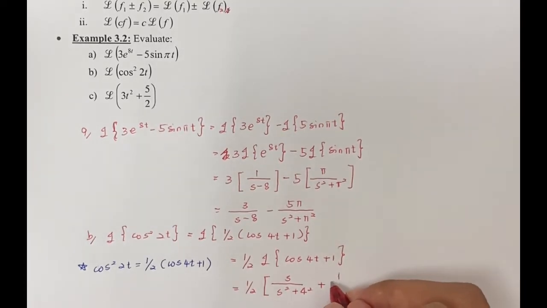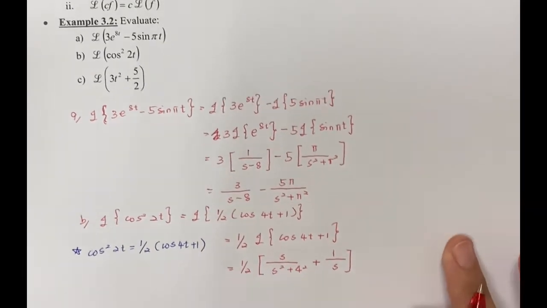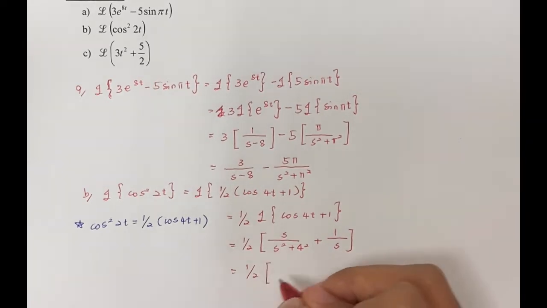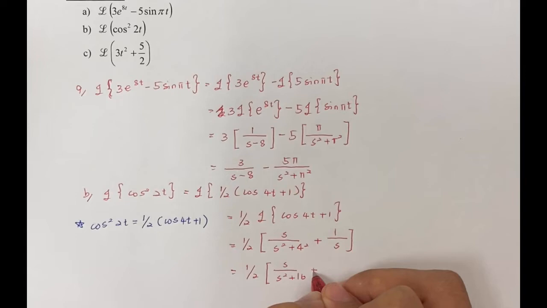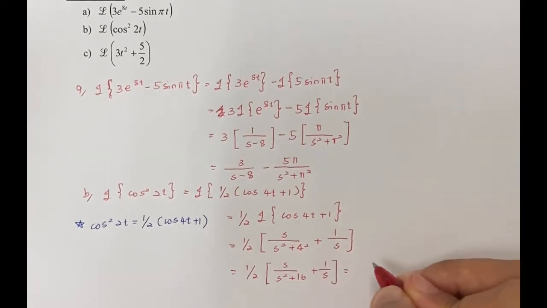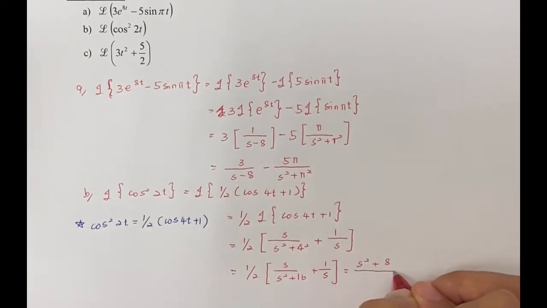The Fs for constant 1 is equal to 1 over s. Okay. So this is equal to 1 over 2 s over s square plus 16 plus 1 over s.